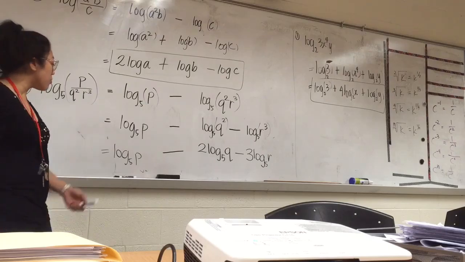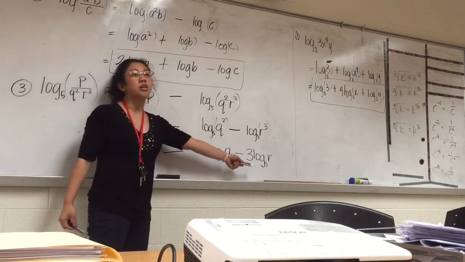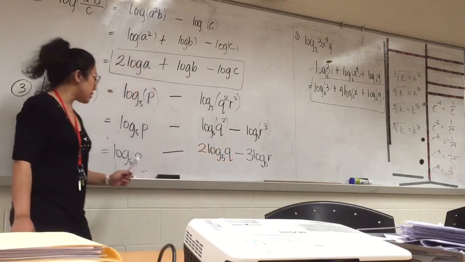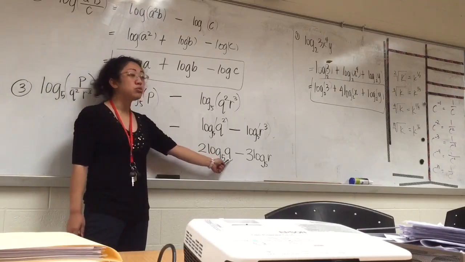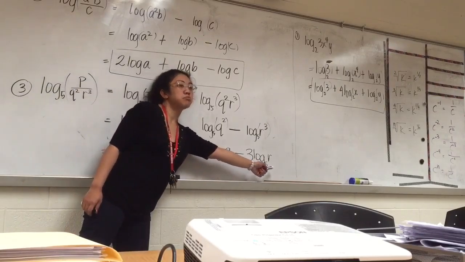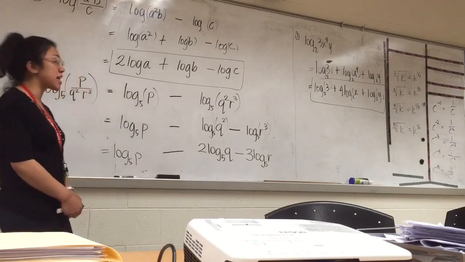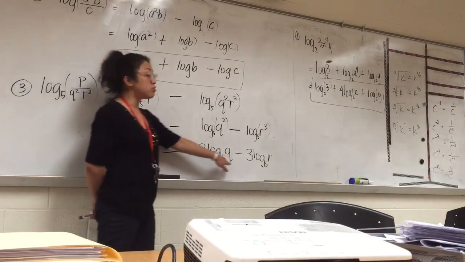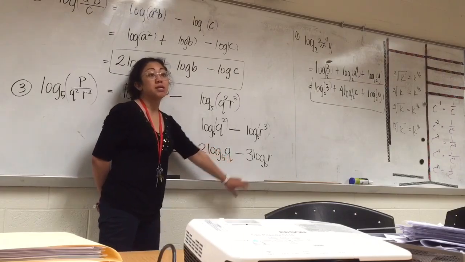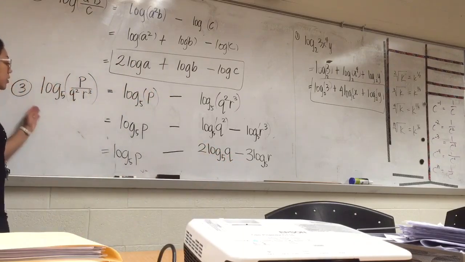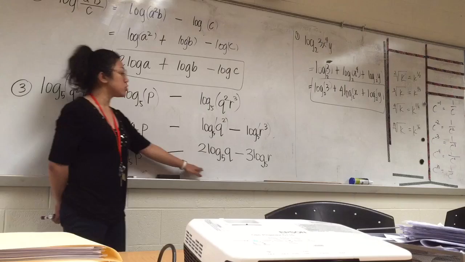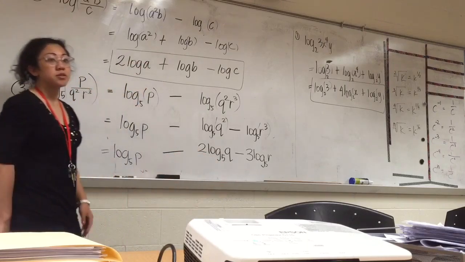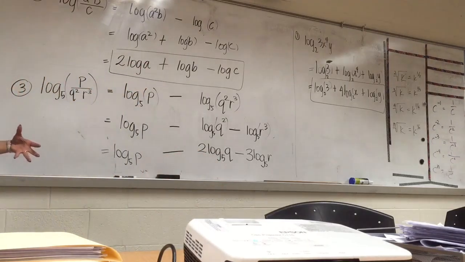Can we expand any more? P, Q, or R? No. So this is our final answer. From one logarithm, we have 1 minus 2 minus 3 logarithms. So that's how we've expanded it.